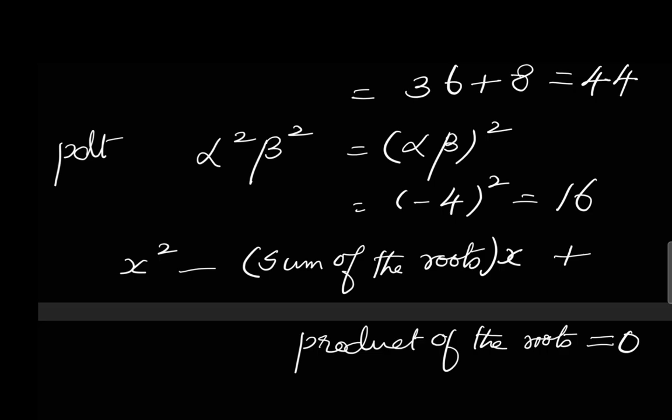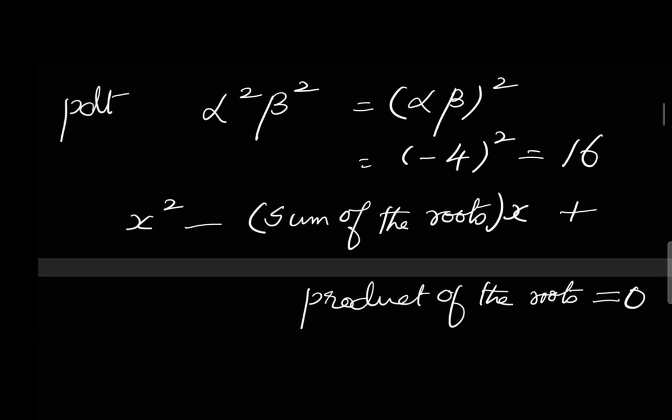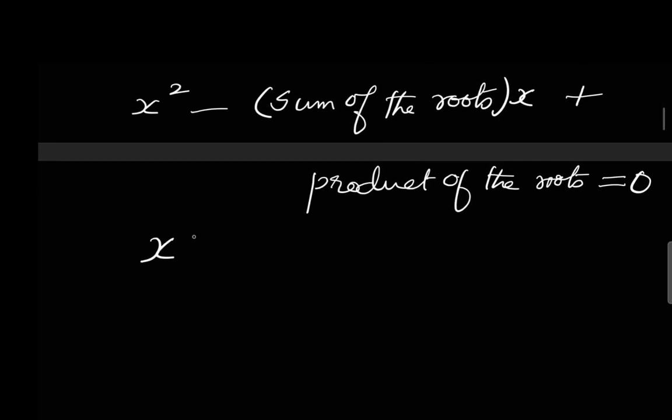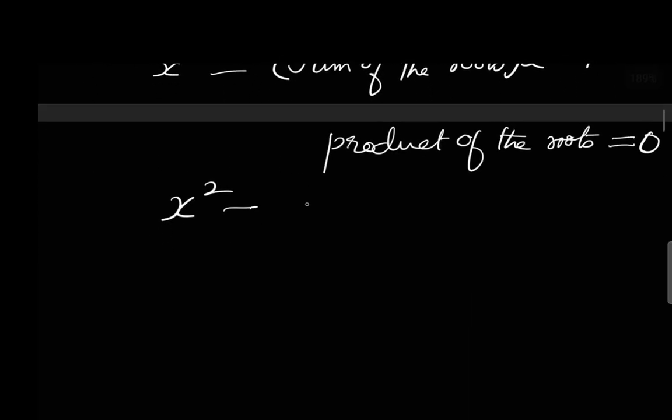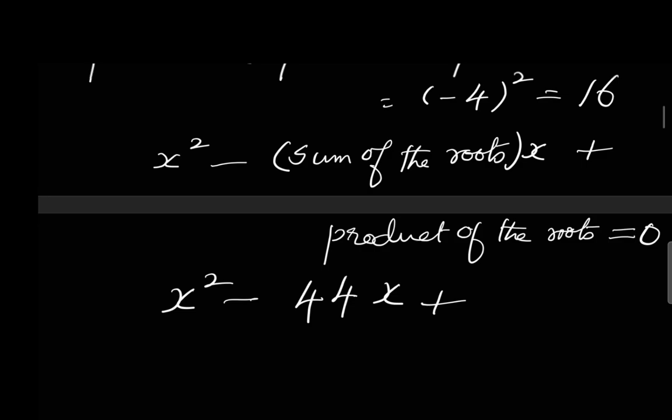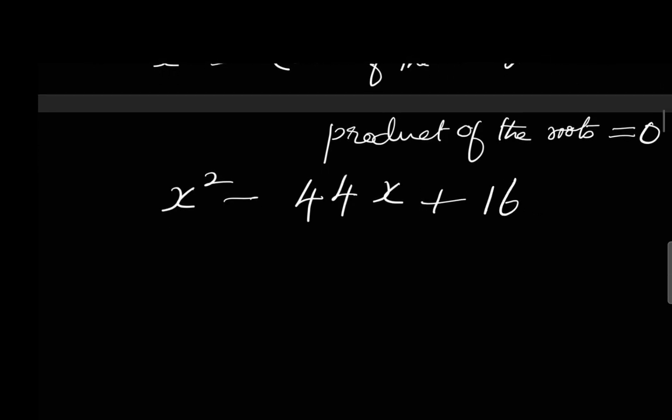For an equation, you should mention this is equal to 0. So x squared minus the sum of the roots 44, that is your x coefficient, plus product of the roots 16, that is your constant term, is equal to 0. So the equation x squared minus 44x plus 16 equal to 0 is the required equation.